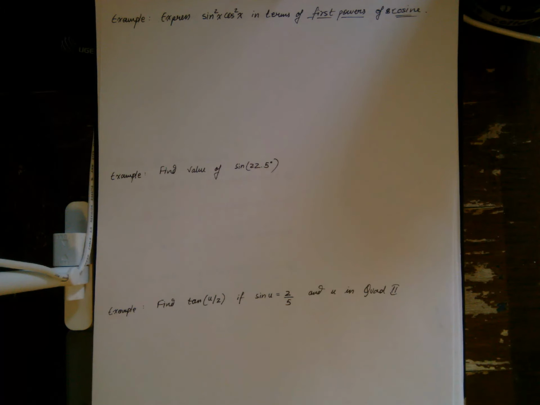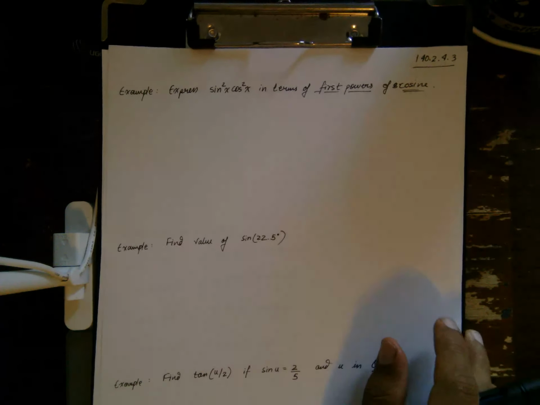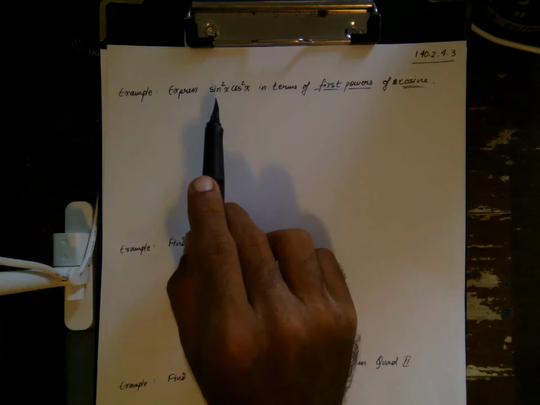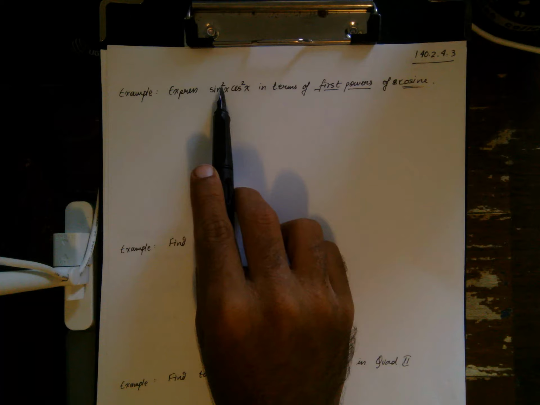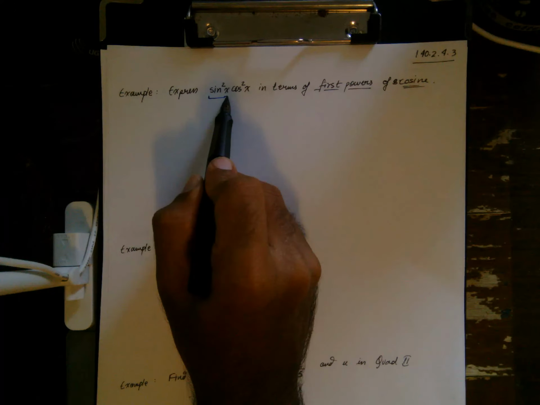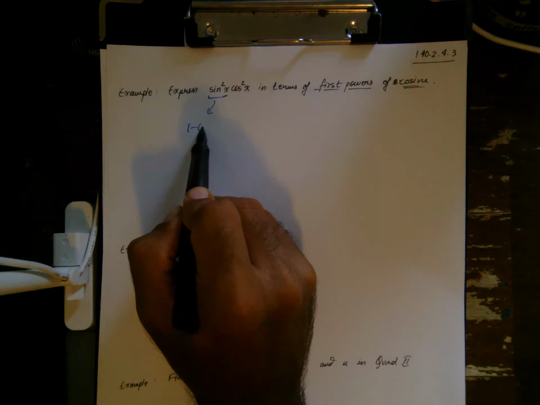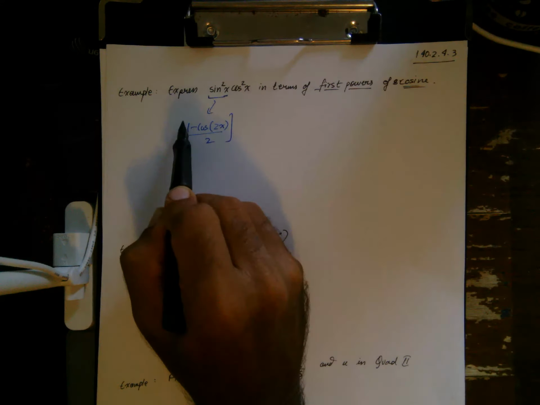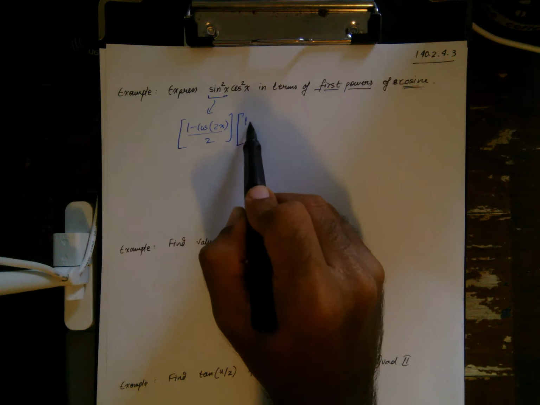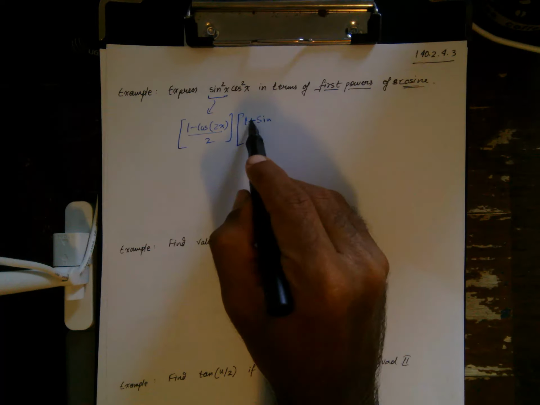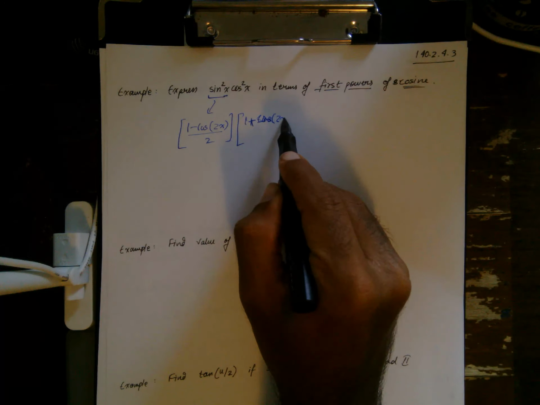Here's an application. Express sine squared times cosine squared in terms of first powers of cosine. Now these are not first powers, these are squares. So we're going to replace sine squared by what we just wrote, (1 minus cosine 2x) over 2, and this is (1 plus cosine 2x) over 2.